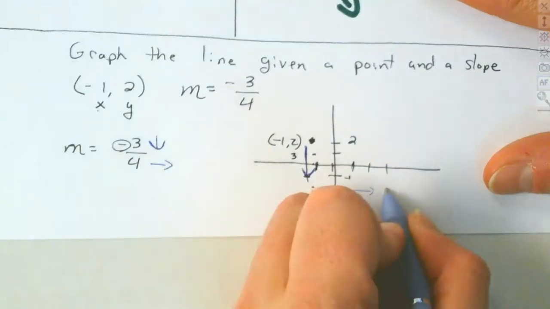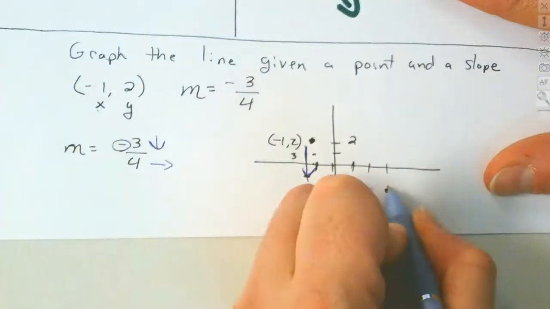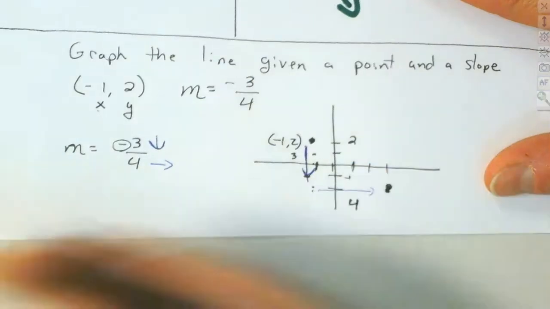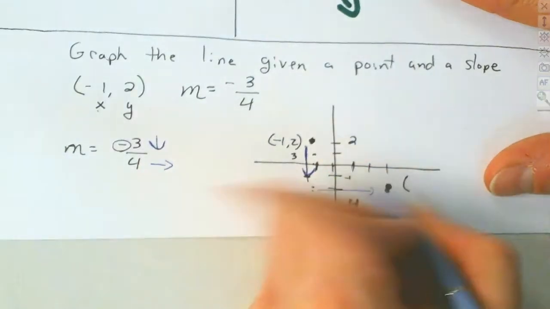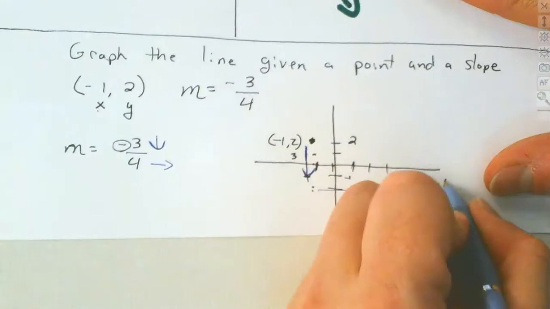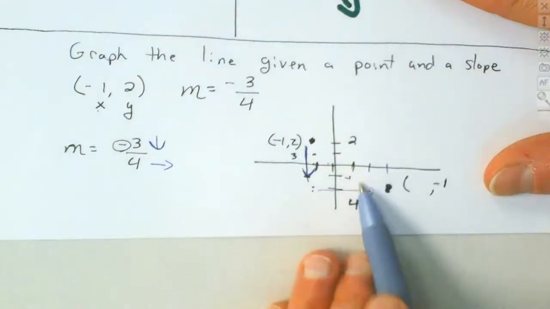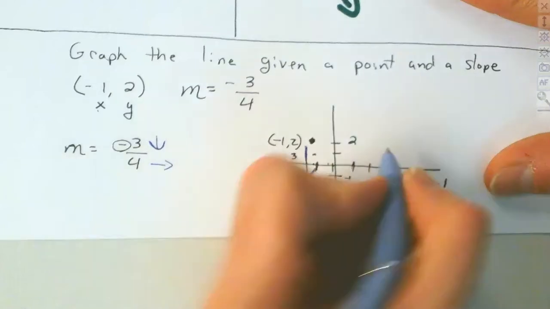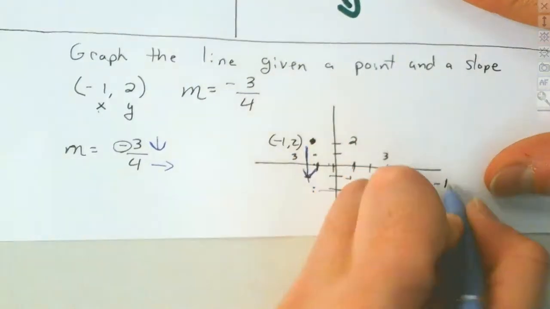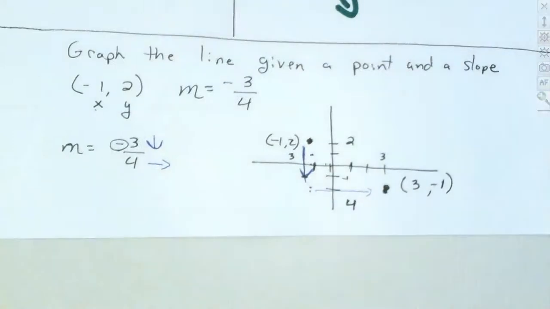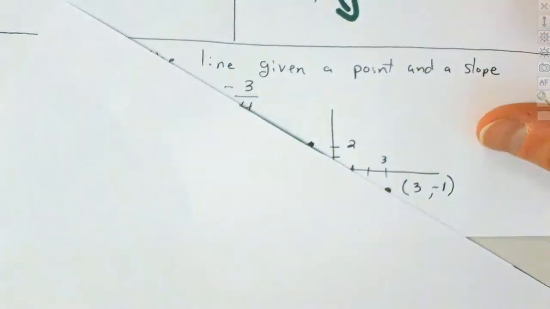So this point would be right about here, at -1 on the y, and over how many units? 1, 2, 3, 4 units. So that's going to be at 3, what? -1. Now we can connect them together, and we have our picture.